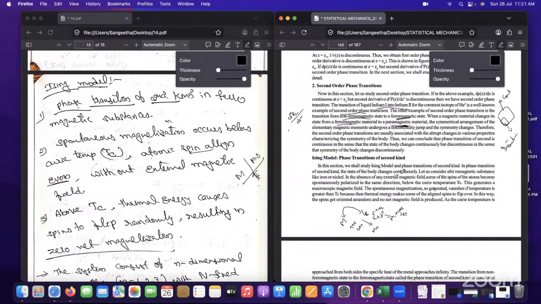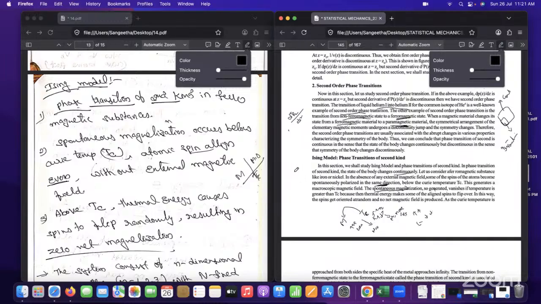In this, the body changes continuously and the spins are arranged in the same direction, evenly arranged. There is some spontaneous magnetization. Whenever above Curie temperature, the spins are randomly oriented. Then the spontaneous magnetization is zero.